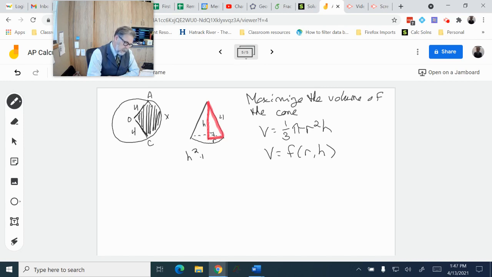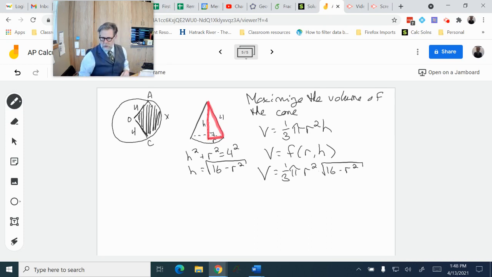H squared plus r squared is equal to 4 squared. So we immediately notice that we can write volume as a function of just the radius. Since the height is equal to the square root of 16 minus r squared, volume as a function of radius is 1/3 pi r squared times the square root of 16 minus r squared.